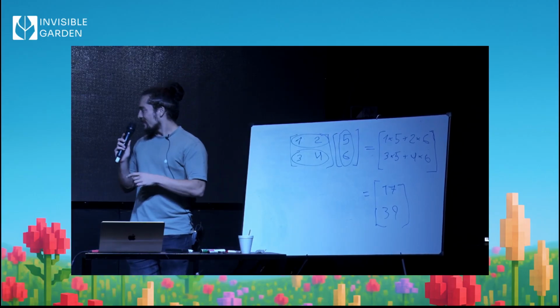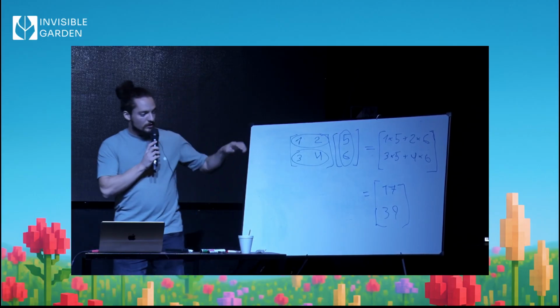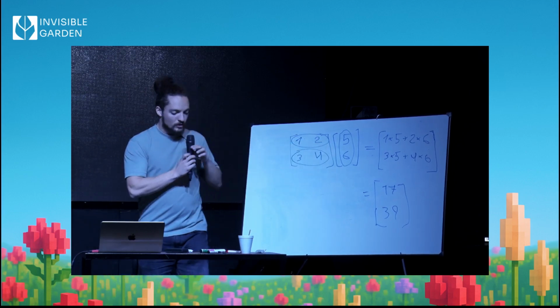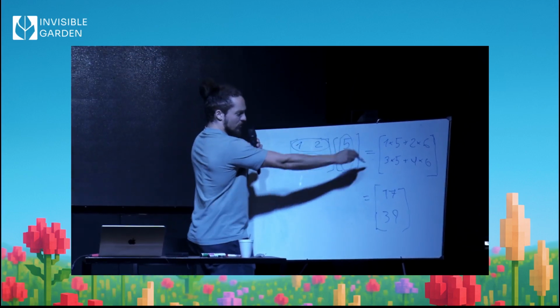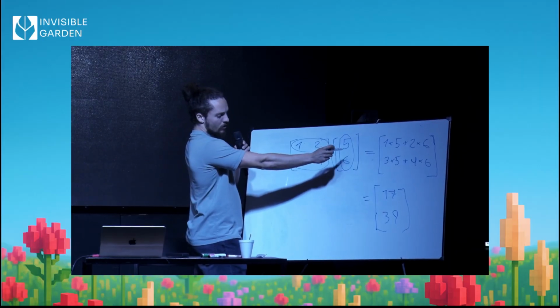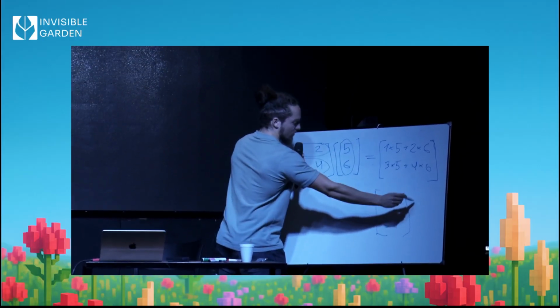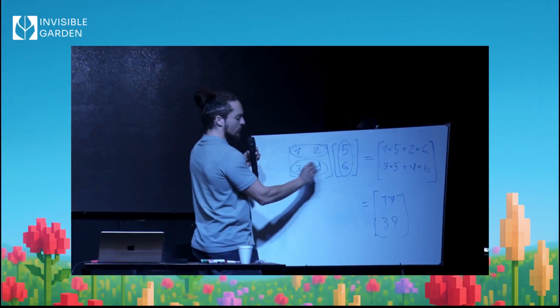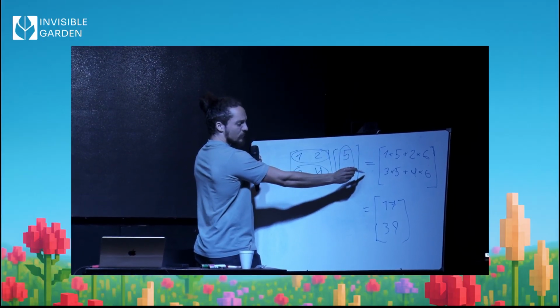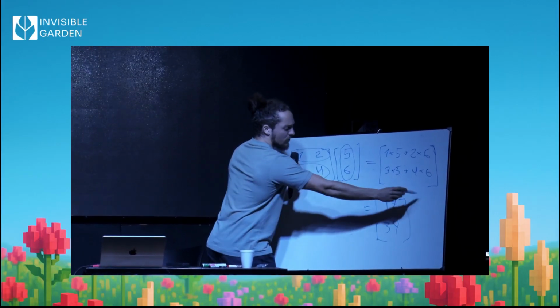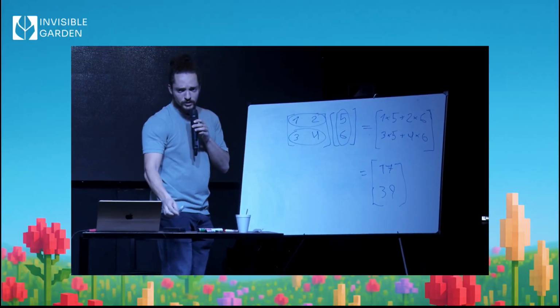All right, so that's how you multiply two matrices, or in this case a matrix and a vector. But if this was another matrix, you'd have a second column here, and you would do the same process for that column, which gives you the result for that column, and in this case a 2 by 2 output matrix.